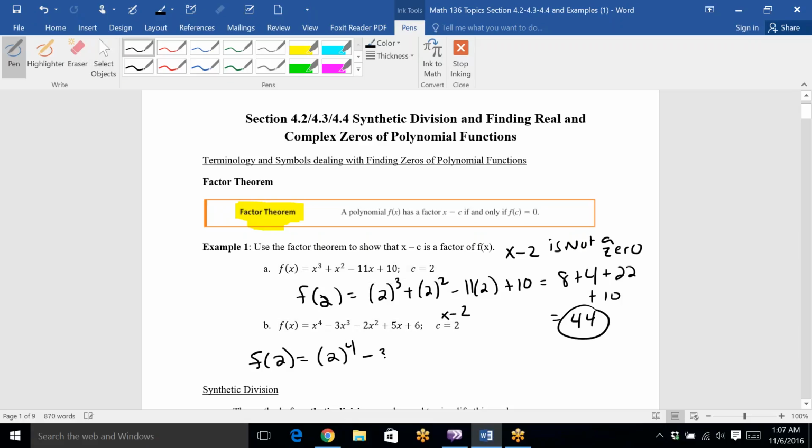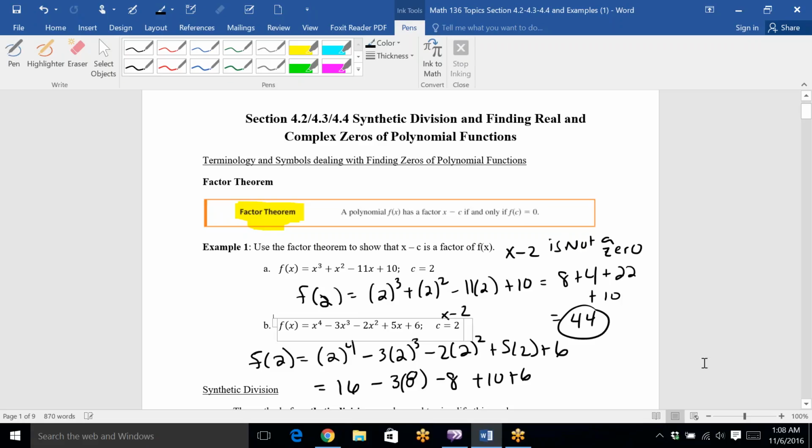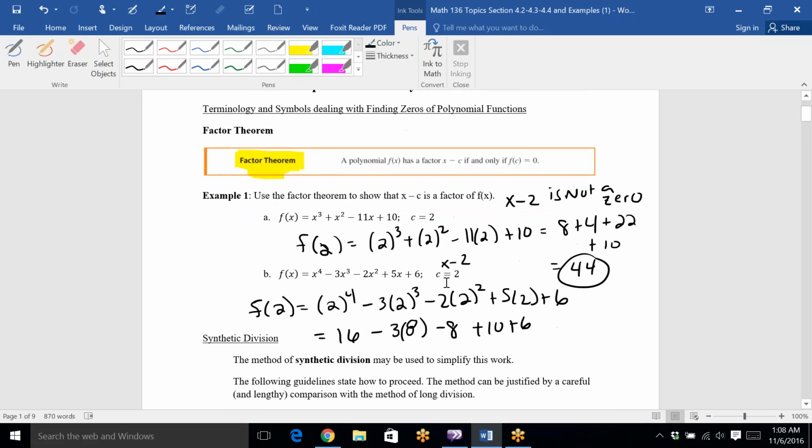So minus 3 times 2 cubed minus 2 times 2 squared plus 5 times 2 plus 6. This would be 16 minus 3 times 8, minus 4 times another 2 would be 8, plus 10 plus 6. So 8 times 3 is negative 24. This one takes a little bit more work.